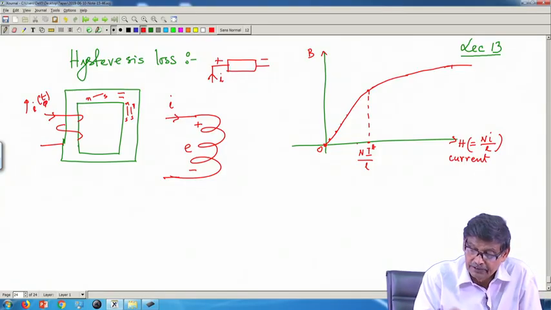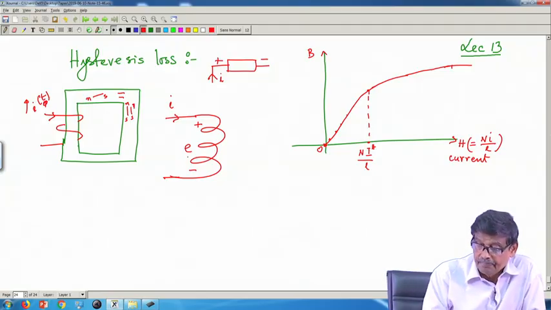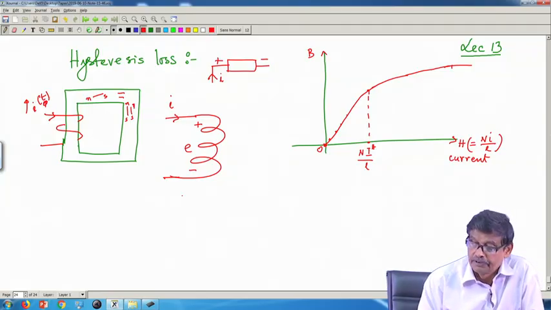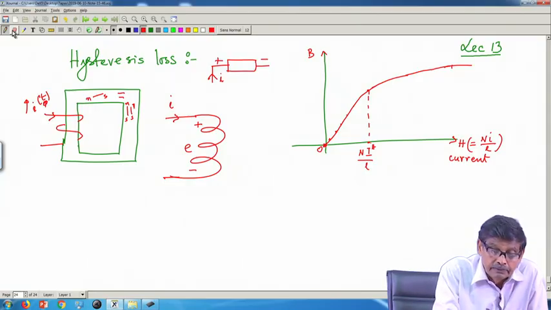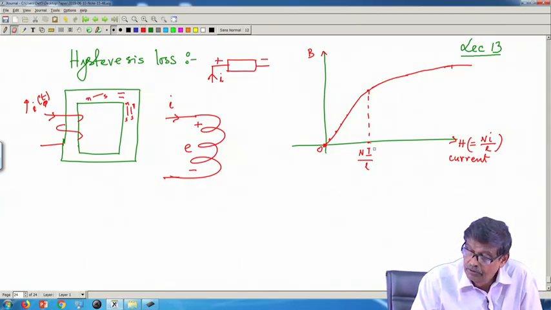and voltage across this coil. So, how much energy is absorbed in the process when I increase the current from 0 ampere to some capital I ampere? That is the goal of the first part.